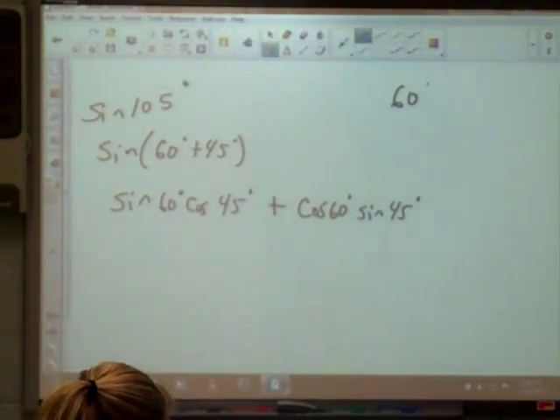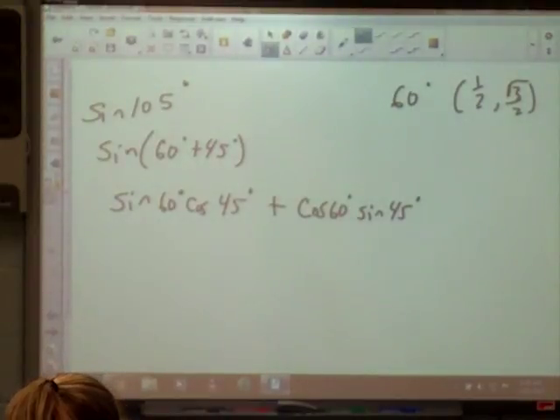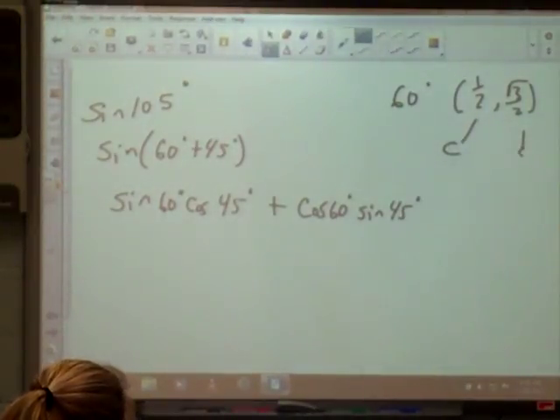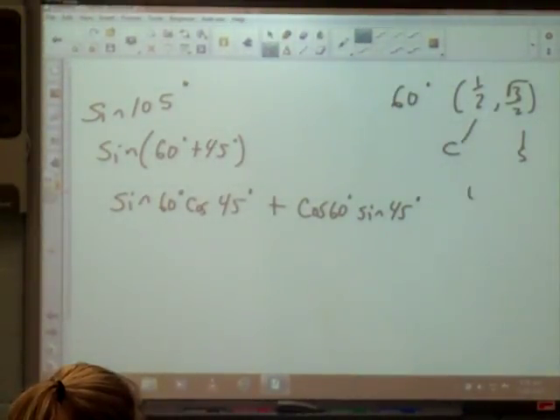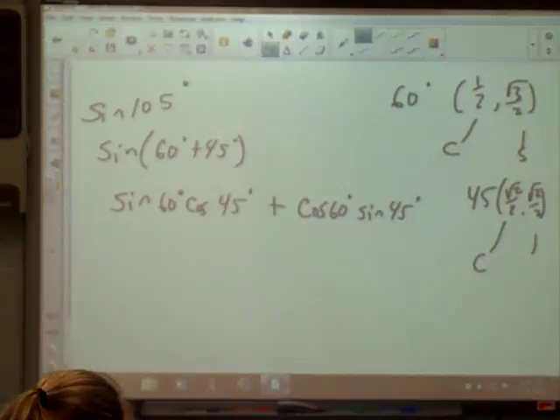At 60 degrees, it gives me the ordered pair 1/2 and square root of 3 over 2. So that is the cosine and the sine. At 45 degrees, it gives me the ordered pair of square root of 2 over 2 and square root of 2 over 2. Remember, that's the cosine and the sine.